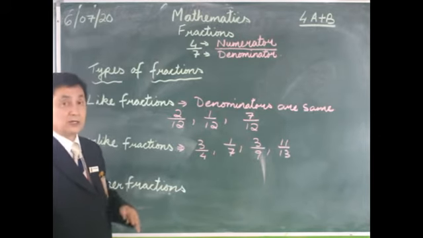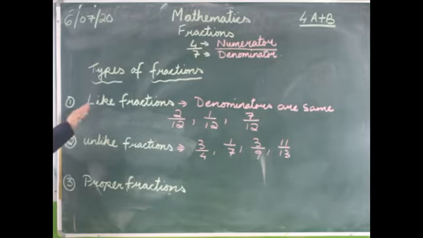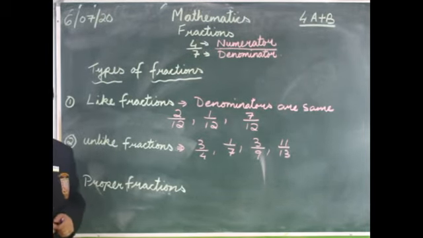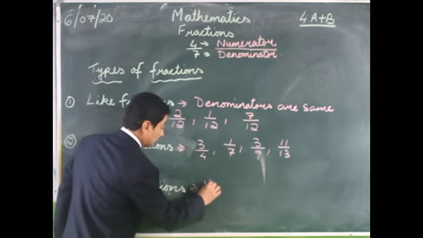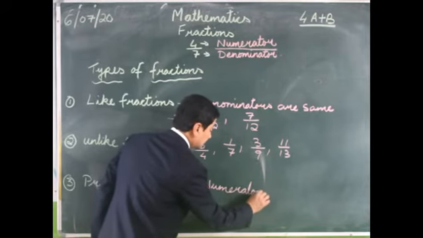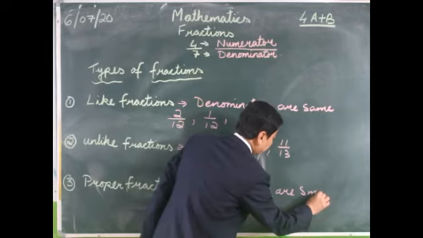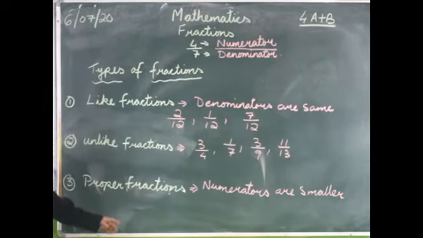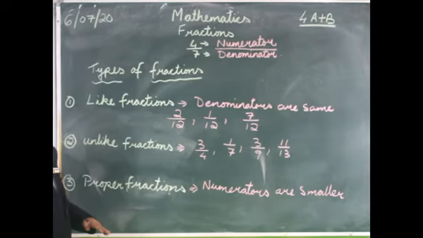Okay, now let's go on to the main part that we are interested in. Now I have already told you the difference between like fractions and unlike fractions. Okay, so now we'll do proper fractions. In a proper fraction, all the numerators are smaller than the denominators.